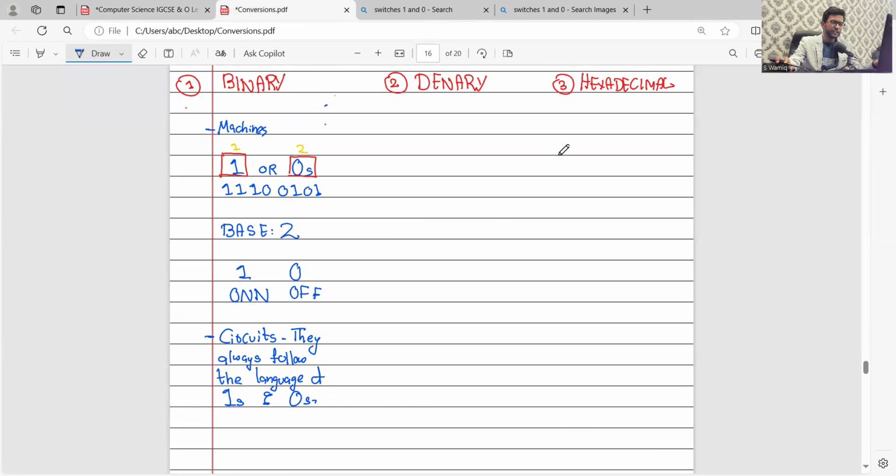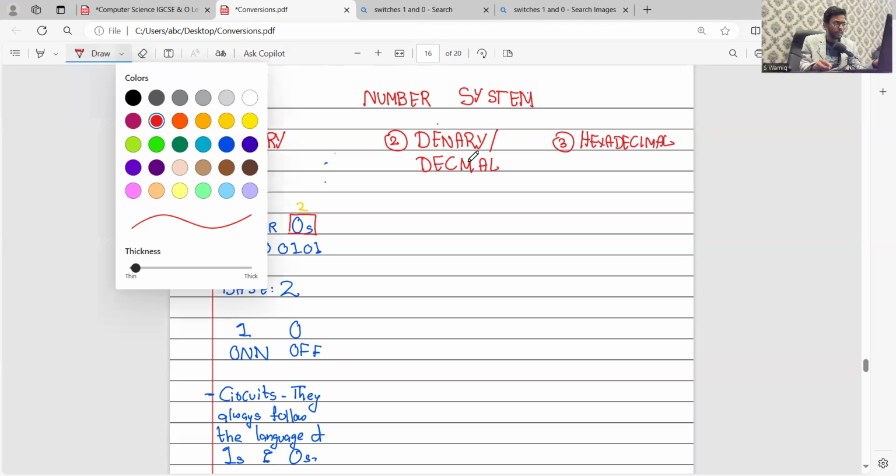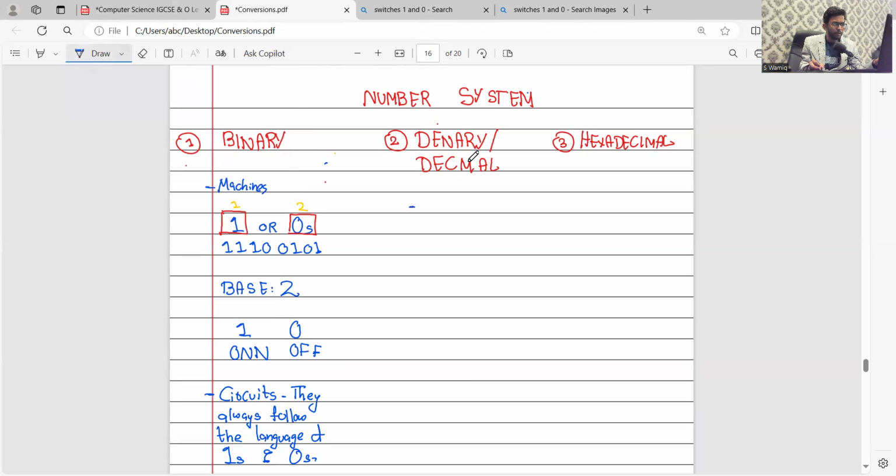Now let's discuss denary numbers. There are basically two names for that. You can call it a denary number, or you can call it a decimal number. No need to worry at all. If there is a denary or decimal number, the first thing to understand is that I use it in my everyday life. Denary and decimal numbers are human understandable, that means they are easily understandable by humans.